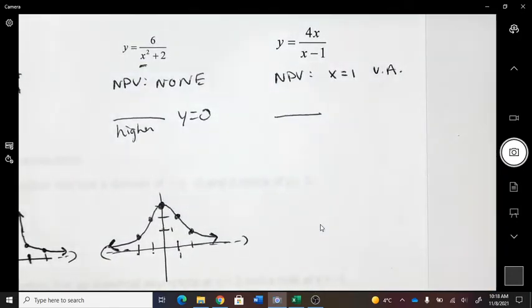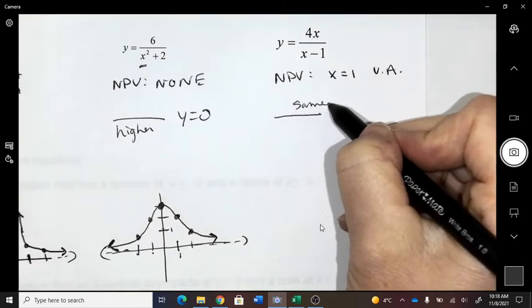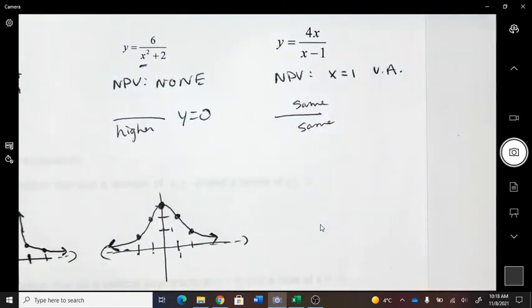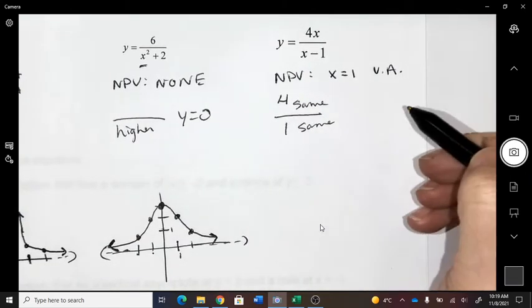Okay, let's talk about the degrees. Higher or same? The same, the same. So what's the coefficient from the top? 4. And what's the coefficient from the bottom? 1.